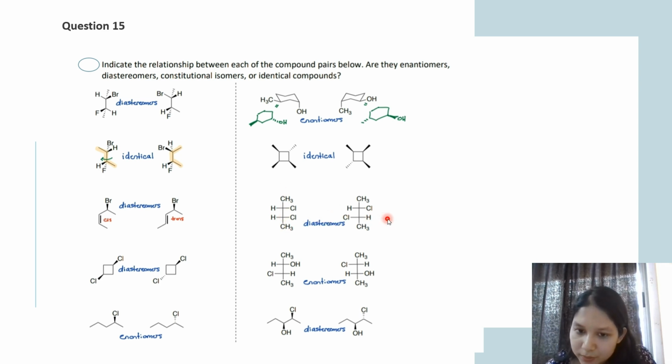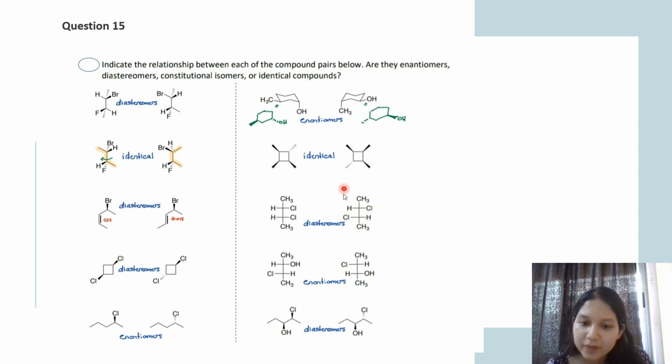For the second molecule, we have 1 2 3, clockwise direction, but the fourth priority is in horizontal, so it will be S. And for the second center, 1 2 3, like this, you have S configuration.